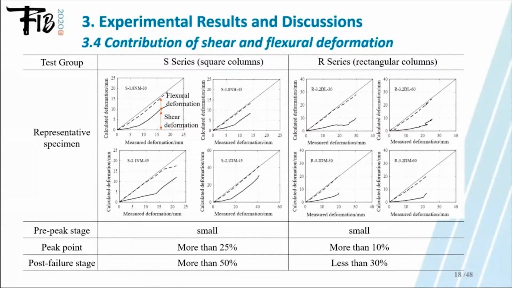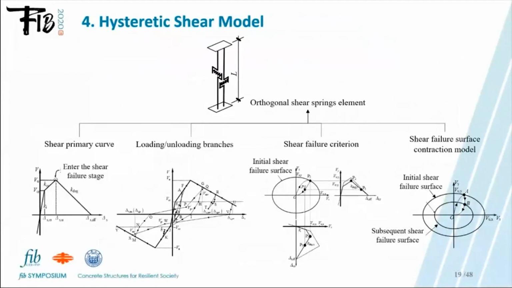For rectangular columns, which formed flexural hinges before shear failure occurred, the shear resisting mechanisms did not significantly deteriorate, and both flexure and shear deformations increased with displacement demand. The contribution of shear deformation could reach 30% at the end of the test.